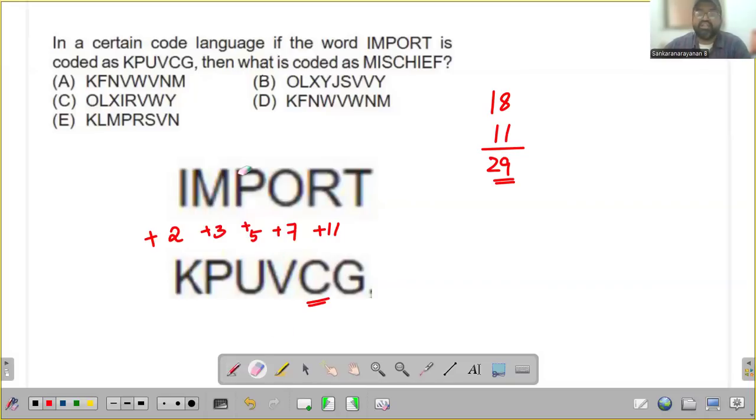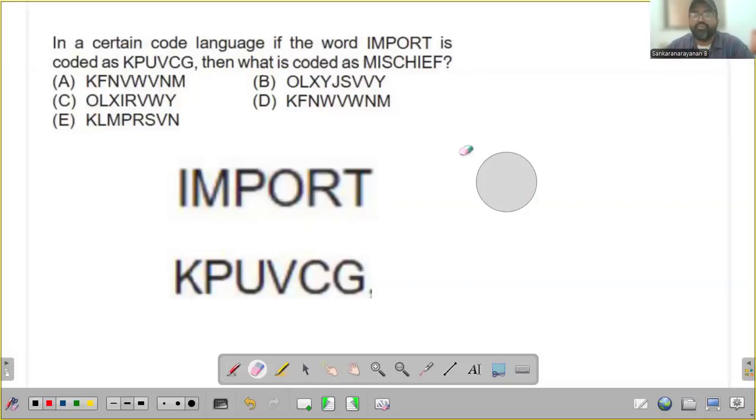And this process continues. T is 20, and 20 plus 13 is 33. 33 is 26 plus 7, so G, the 7th letter. That is how the coding has actually happened.